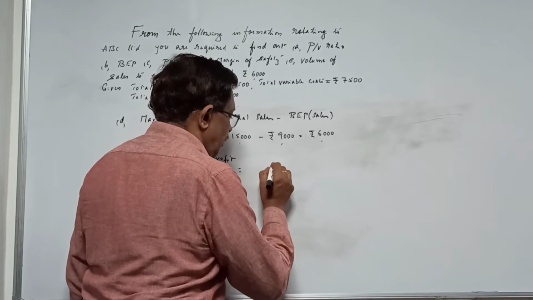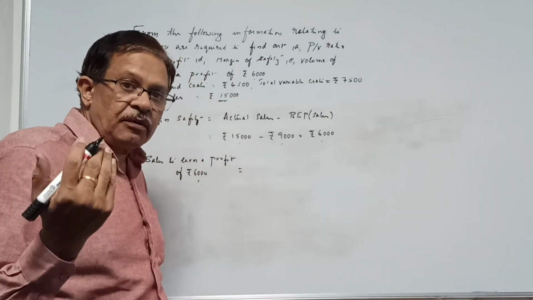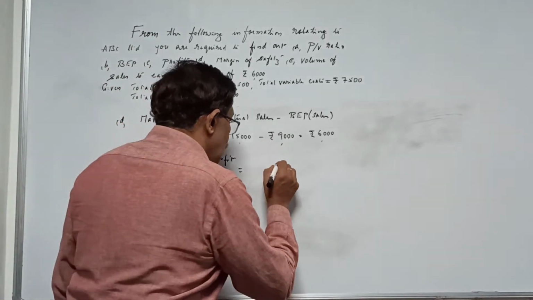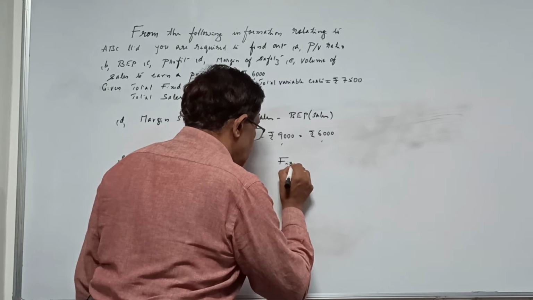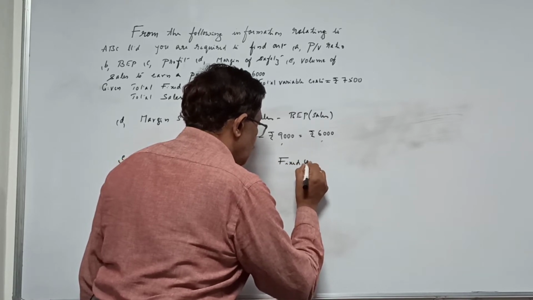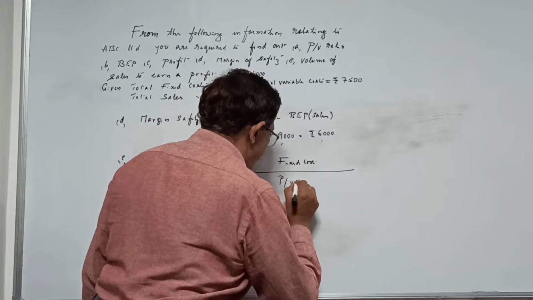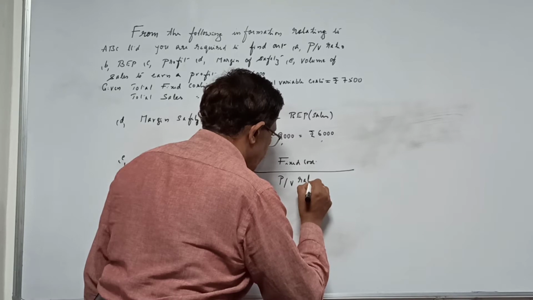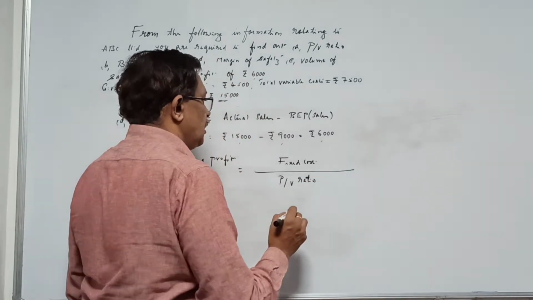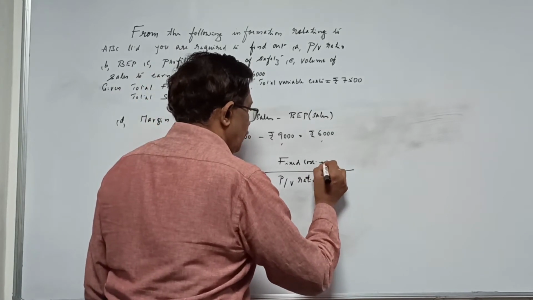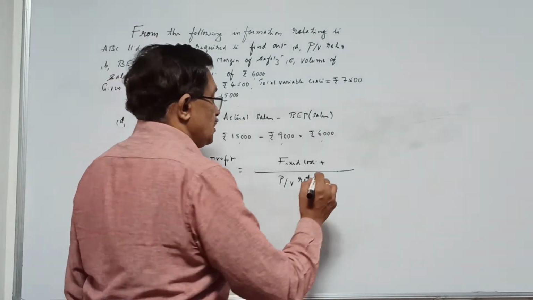This can be found out by using the extended formula of the break-even point itself. We know that the break-even can be found out by using the fixed cost divided by the PV ratio. But what we want is not the break-even point, but a point of sales where we are going to get 6,000 profit.